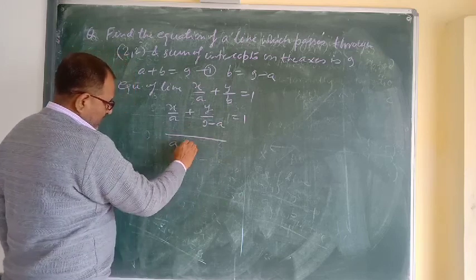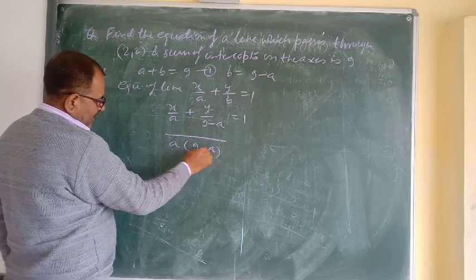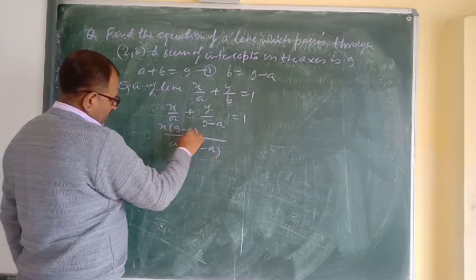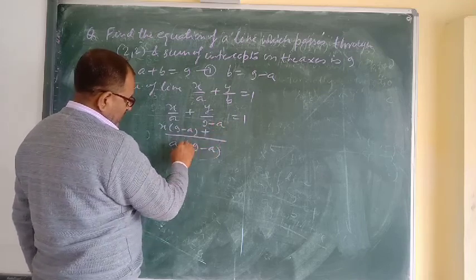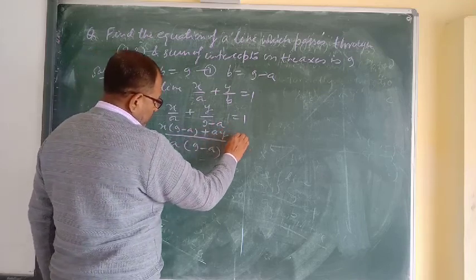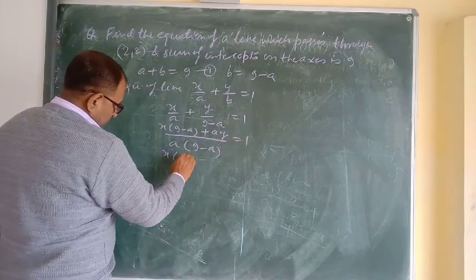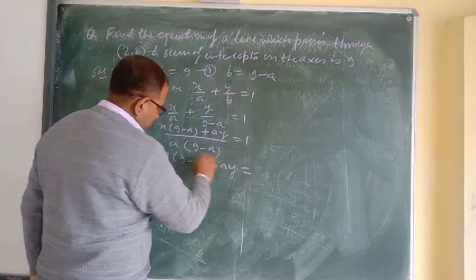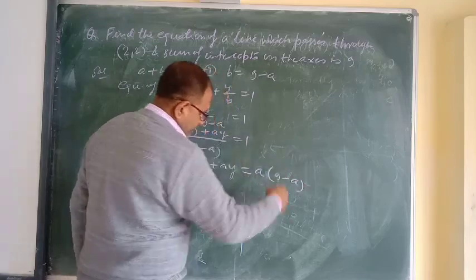LCM is a into (9 minus a). Divide by a, 9 minus a will come. So x into (9 minus a) plus a into y is equal to 1, cross multiply: x into (9 minus a) plus ay is equal to a into (9 minus a).